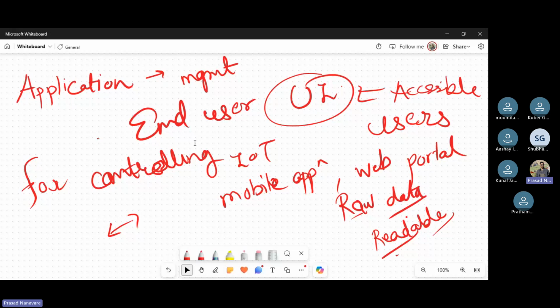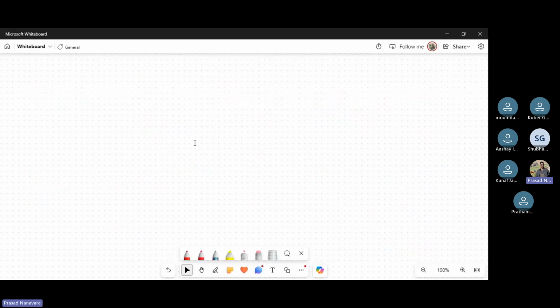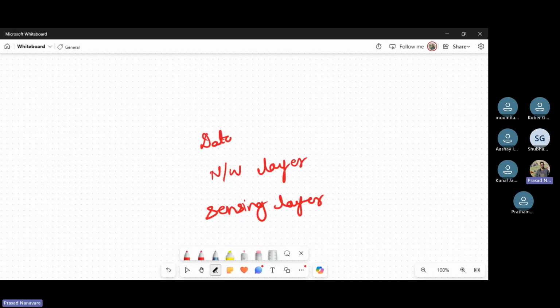So that's about the IoT architecture. Okay, the rough IoT architecture, which includes basically the sensing layer, then it had the network layer, then it had the data processing layer, and the final is the application layer.